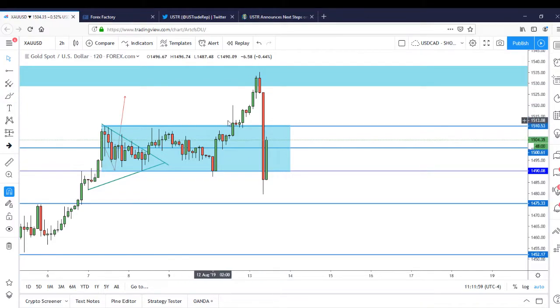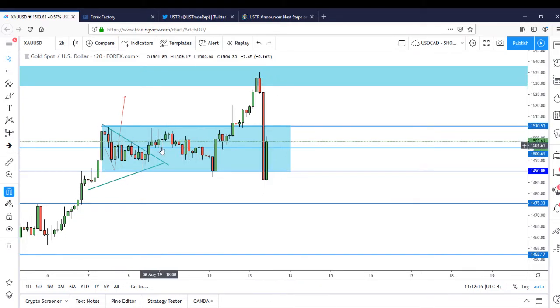And that's what we had yesterday. We had a nice break above, and we even had a retest on a smaller time frame, and we had a nice 250 pip move to our resistance region right here, at which price turned around.